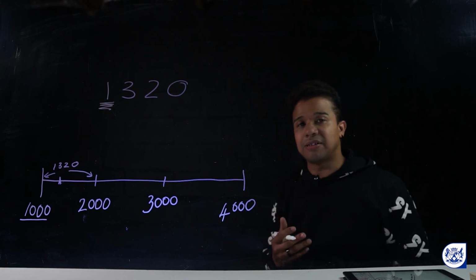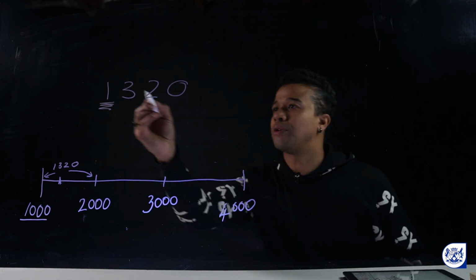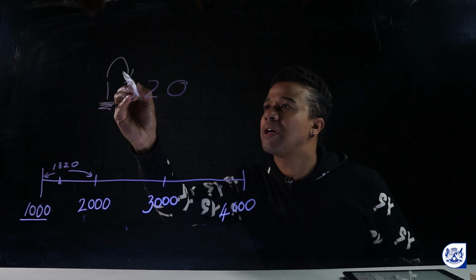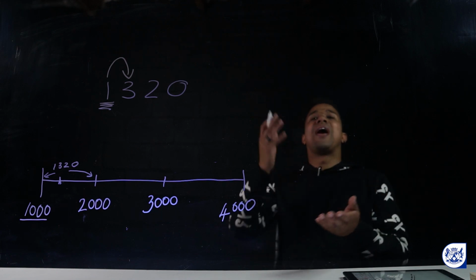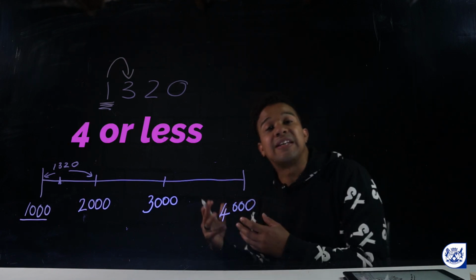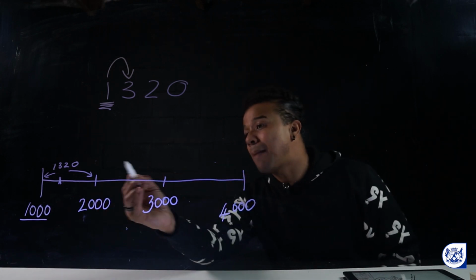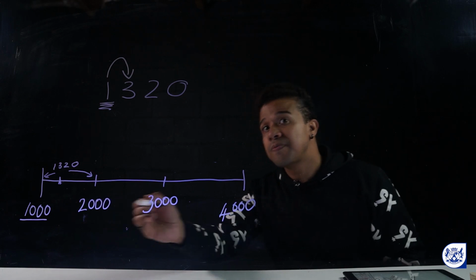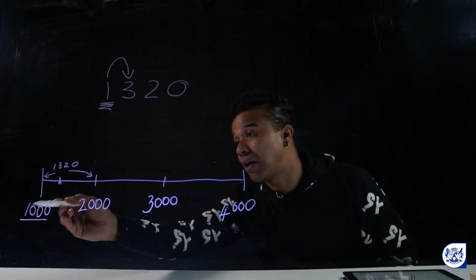Now the next step is, let's see which number is next to the number we are focusing on. And next to that number we have the number 3. And now you know what to do next, right? We have to check if that number is 5 or more, or 4 or less. If it's 5 or more, we will round up to 2000. If it's 4 or less, we will round down to 1000.